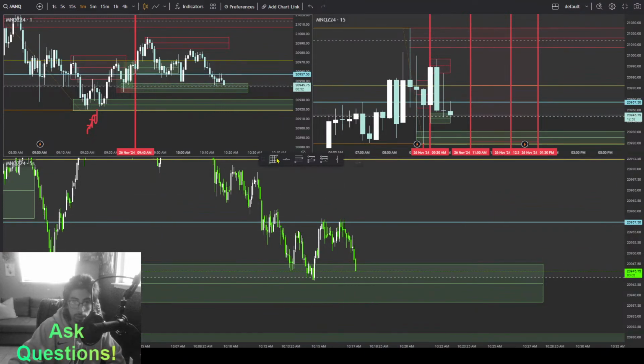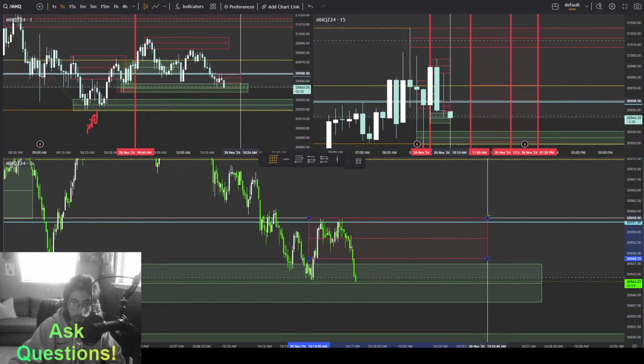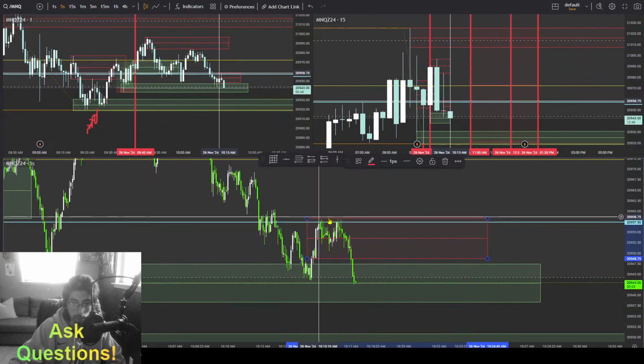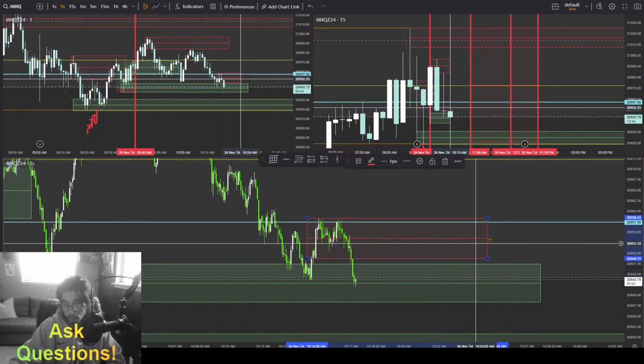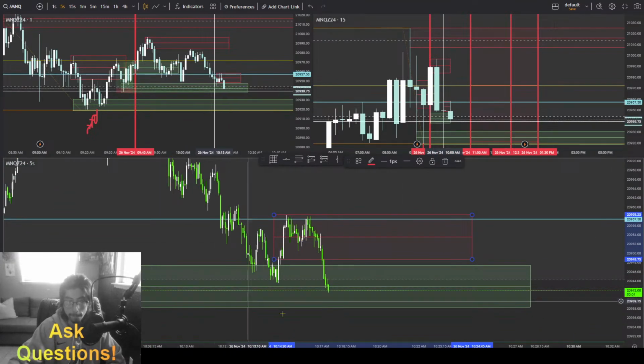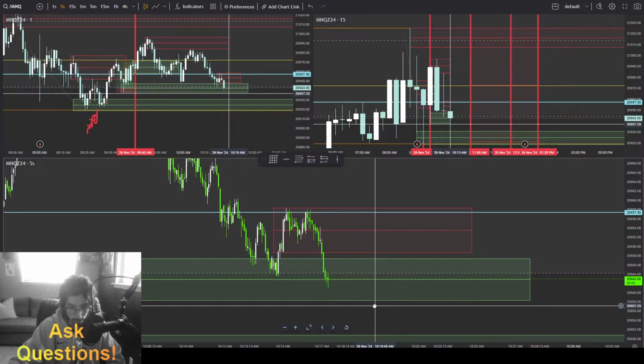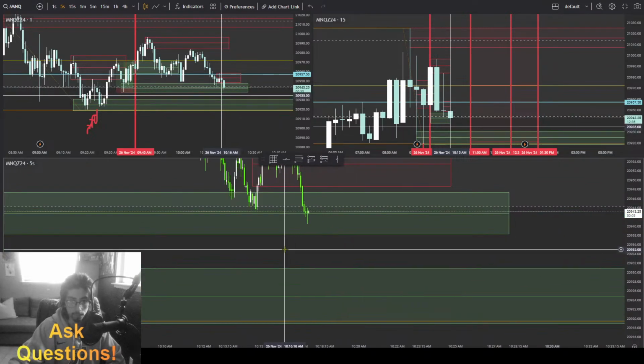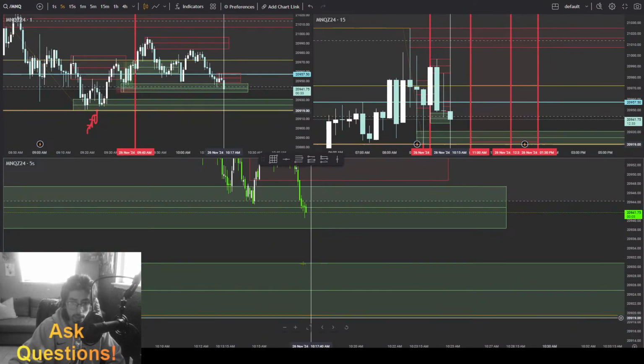See, I like this zone, but it's too close to having equal highs, so I don't want to take it. Equal highs is just like when they're right on the same line. Just means it's just gonna bust through. All right. What I'm expecting to see is this get sliced.